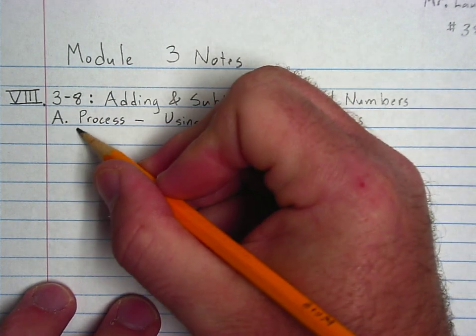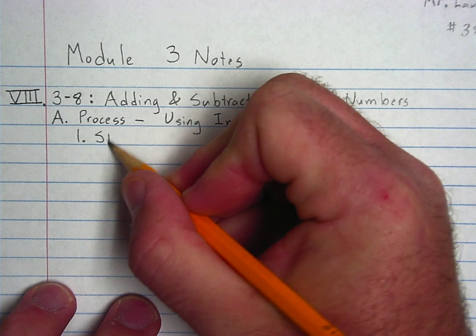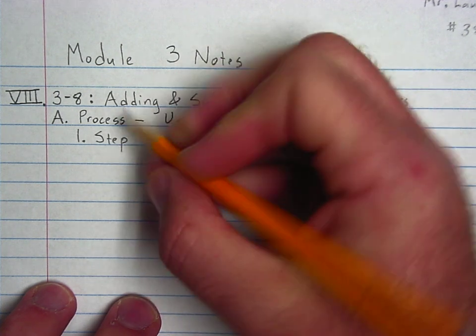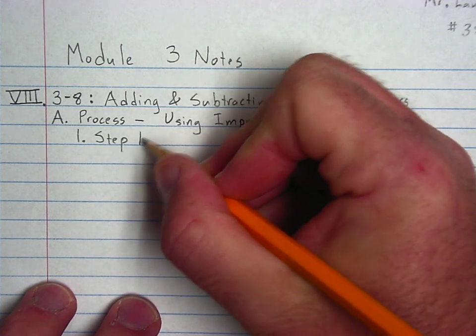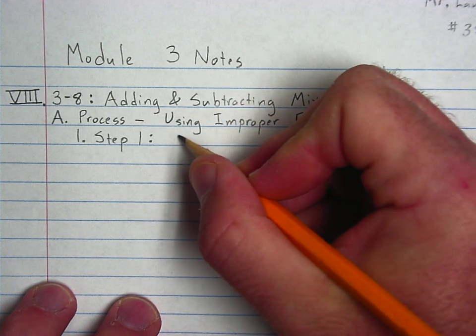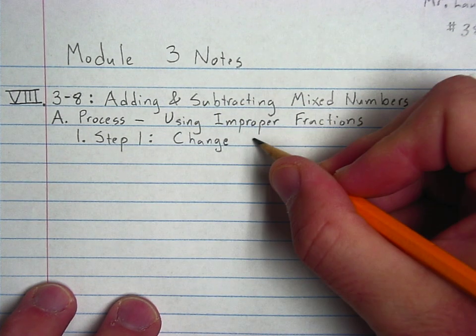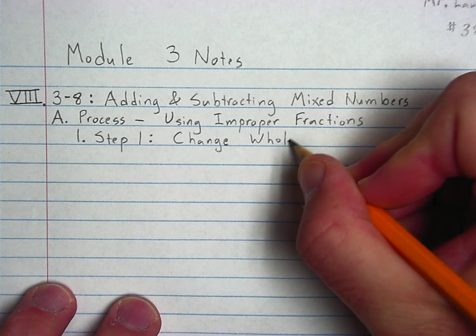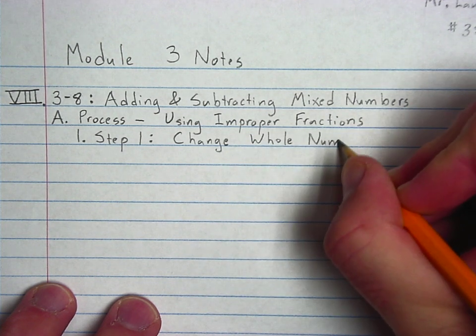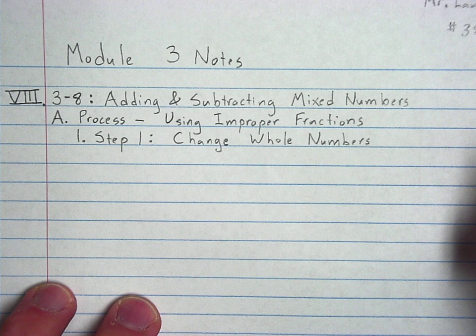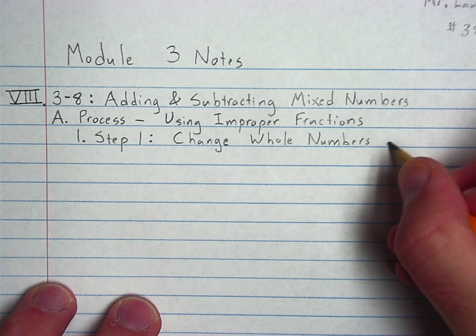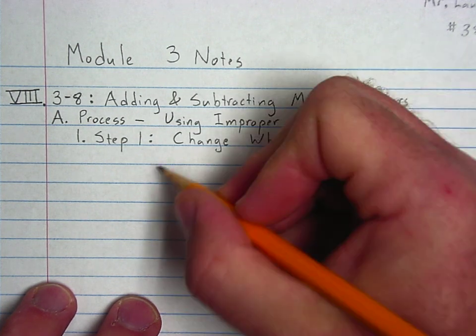So, step 1. Change whole numbers and mixed numbers into improper fractions.